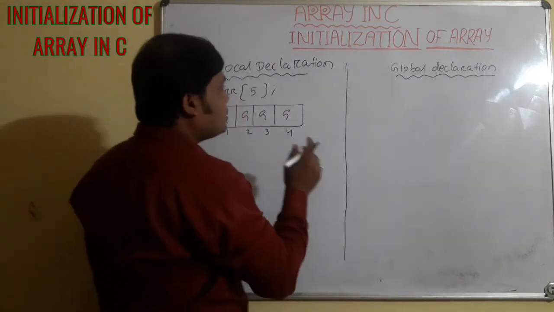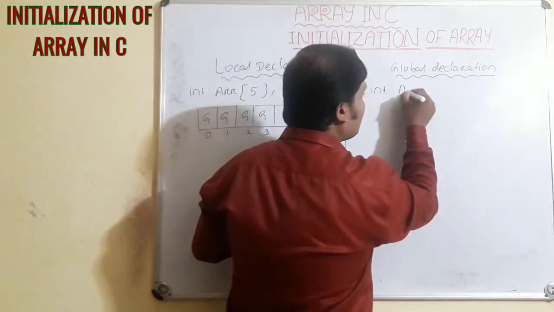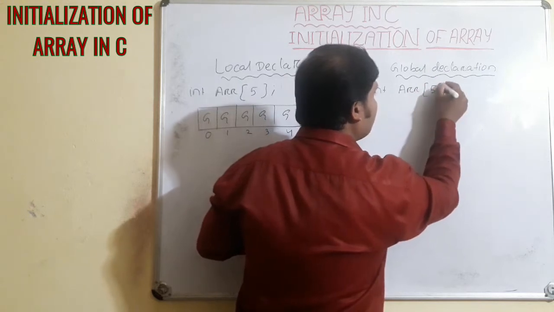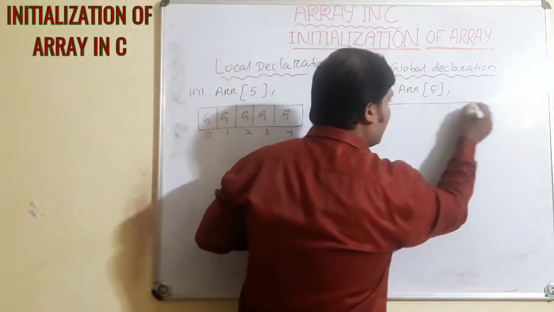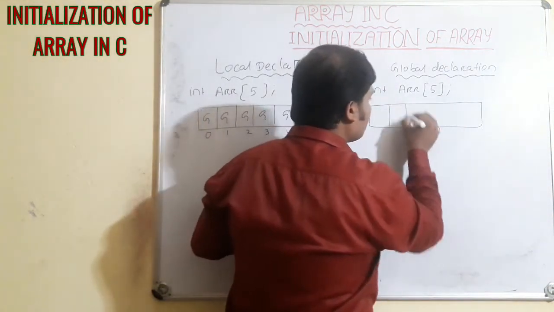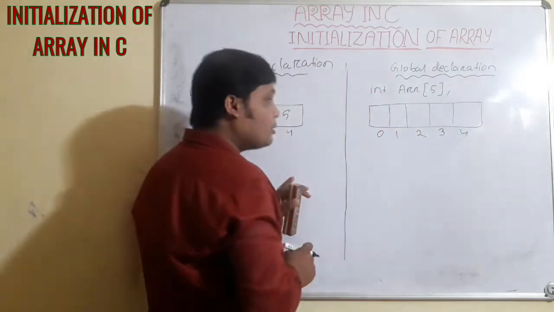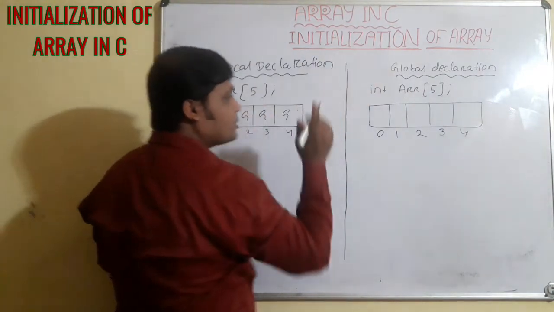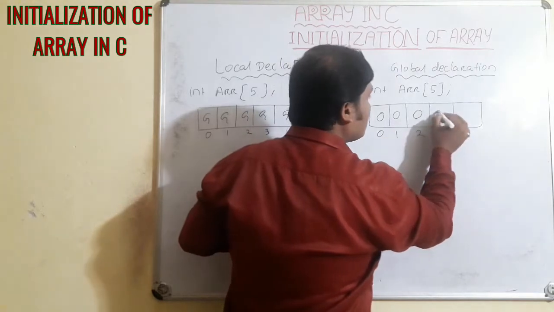Clear? But just see global declaration. Same declaration I am taking, integer ARR of 5, size is 5. Clear? Here memory will be allocated like this, 0, 1, 2, 3, 4. But in the case of global declaration, the compiler will automatically take 0.